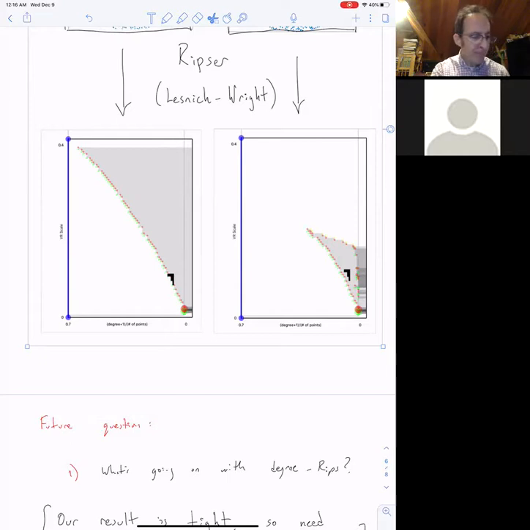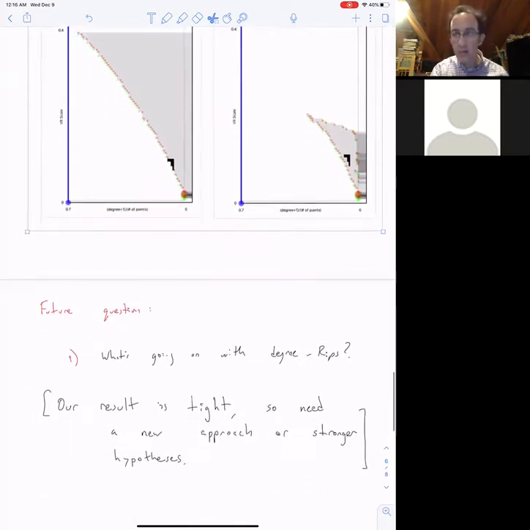This is an efficient and good bifiltration. It's clear in this example that there's more structure preserved, more stability than is captured by our result, even though our result is generically tight. So maybe this says you need a more refined stability theory, or maybe it says that the counterexamples are somehow exotic, and under genericity hypotheses you could expect a stronger result. I don't know, but it would be good to have something that talks about this.